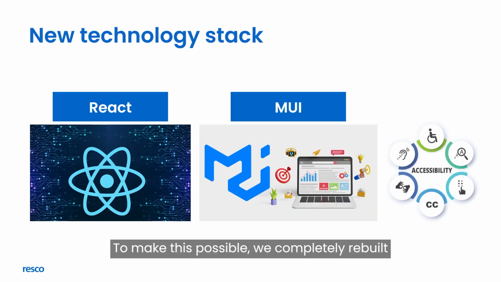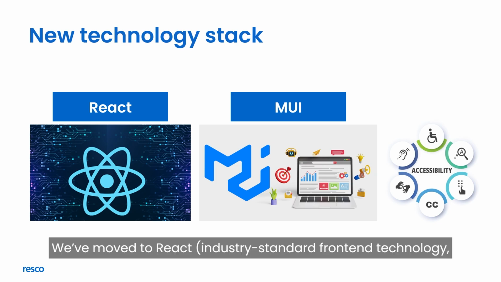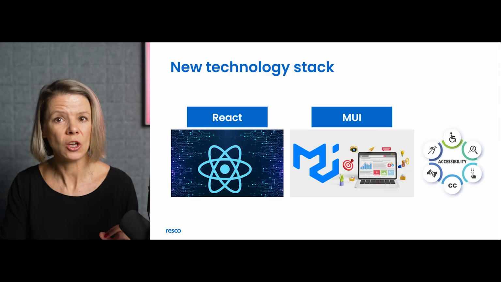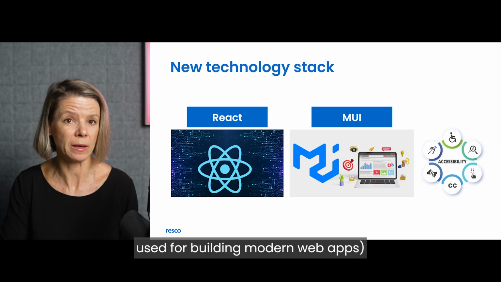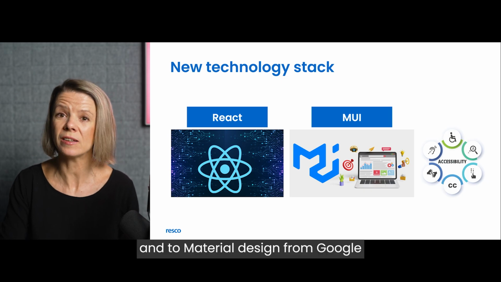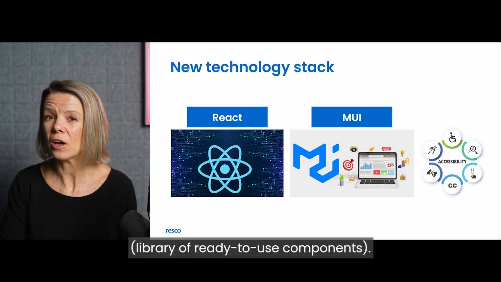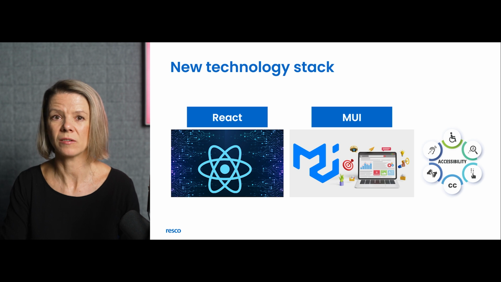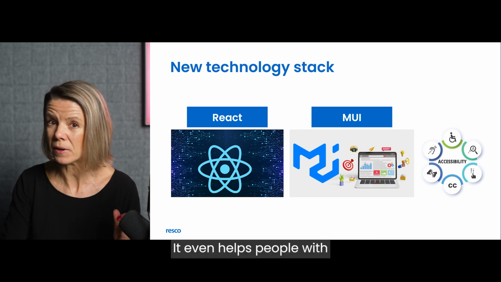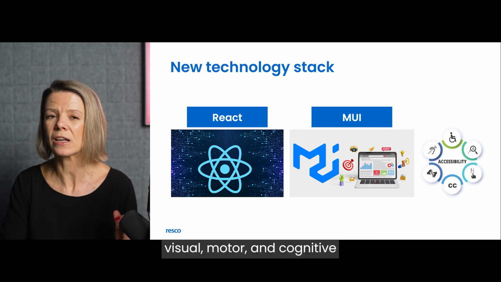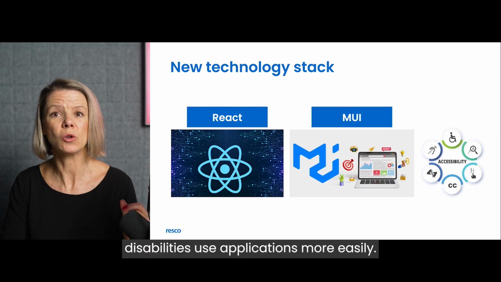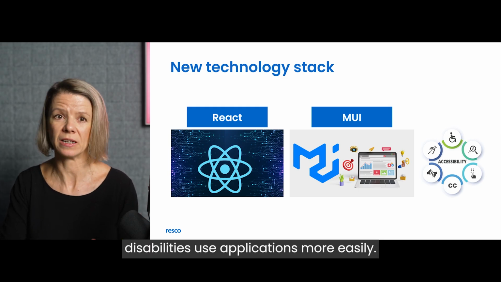To make this possible, we completely rebuilt the technology from the ground up. We have moved to React, an industry standard front-end technology used for building modern web apps, and to Material Design from Google, a library of ready-to-use components. It even helps people with visual, motor, and cognitive disabilities use applications more easily.